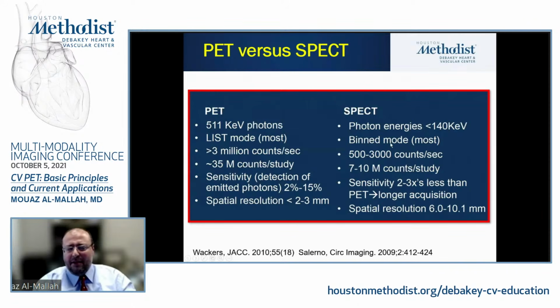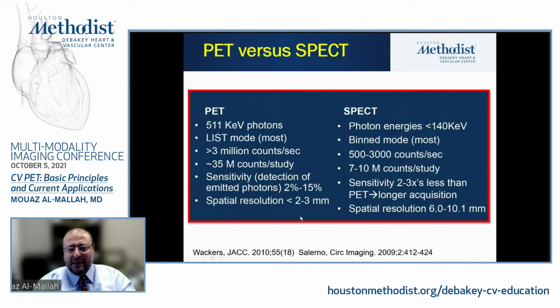With SPECT we use the bin mode acquisition, as Dr. Marian covered. Our systems are way more sensitive, so we get way more counts compared to SPECT, as the sensitivity of the detector is higher, and it is a faster acquisition, and the spatial resolution is much better compared to SPECT imaging.